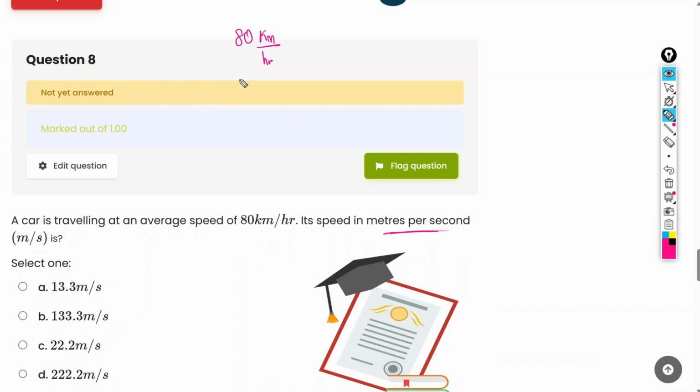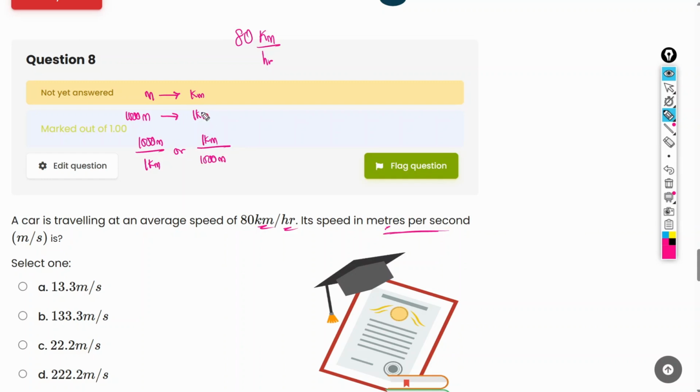First of all, let's deal with converting kilometers to meters, then we'll deal with converting hours to seconds. Kilometers to meters: I know that 1,000 meters makes 1 kilometer. So in multiplying this, I could use either 1,000 meters over 1 kilometer or 1 kilometer over 1,000 meters.